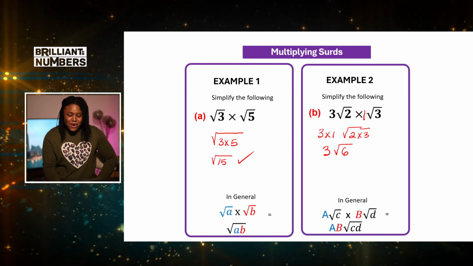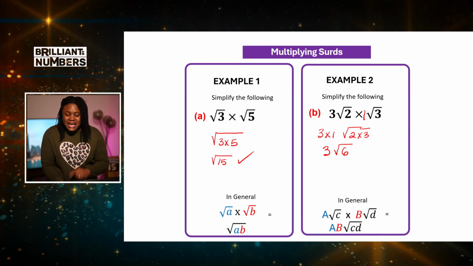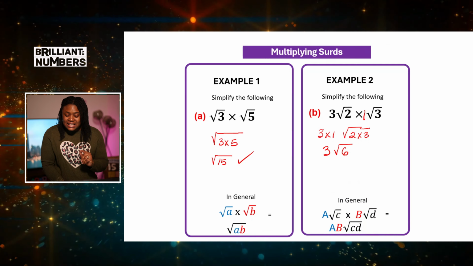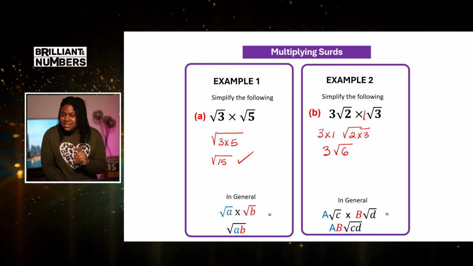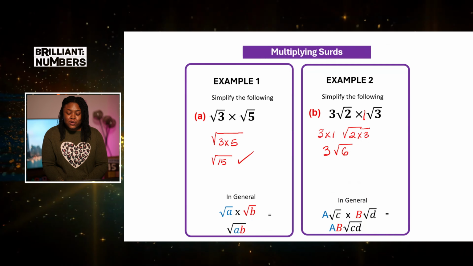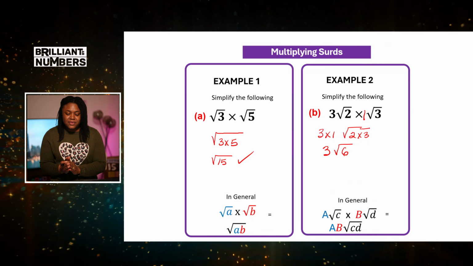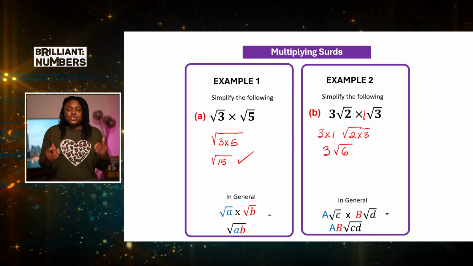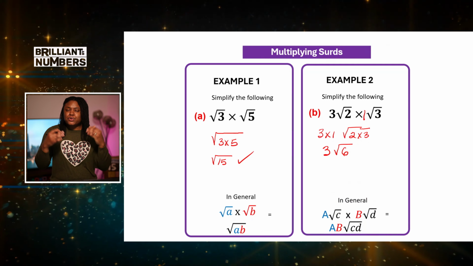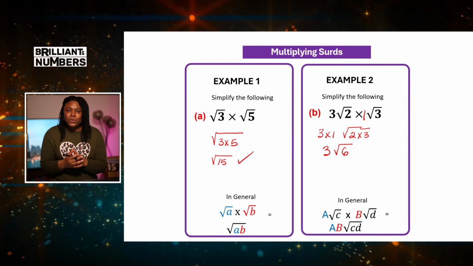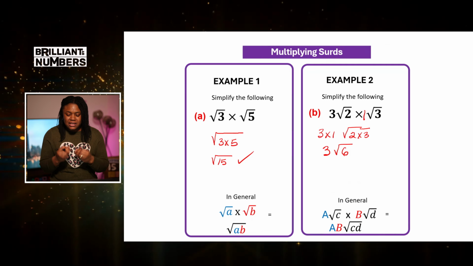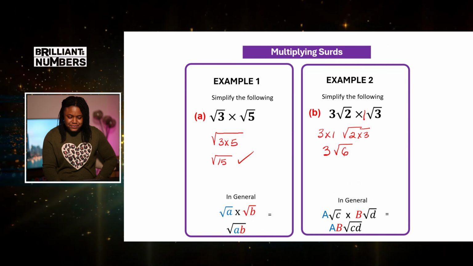Awesome. Now, in general, A root C times B root D will always be equal to AB root CD. Very good. So make sure that you go through the rules, you practice, you access other questions, and you embed that skill that you are learning today.